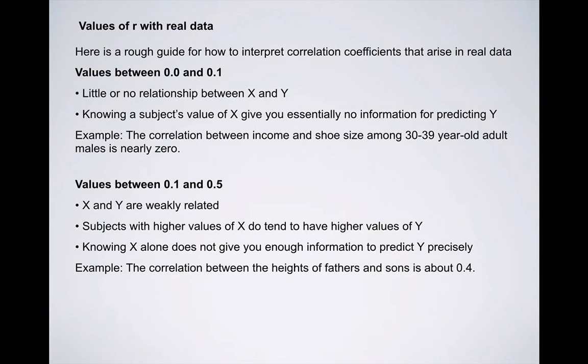An example: the correlation between heights of fathers and sons is about 0.4, meaning that short fathers in some cases have tall sons and vice versa. Because of the mother's genetics being a part of it, it's not a perfect predictor when you're looking at the heights of fathers and sons. Fathers that are taller tend to have taller sons, but it's not an absolute.